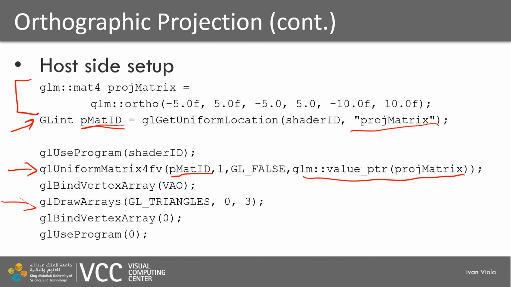So here are the values of the matrix which has been defined on the host side here, and as we are storing it in this mat4 structure, in order to get the pointer to the data, we need to access it in this way.